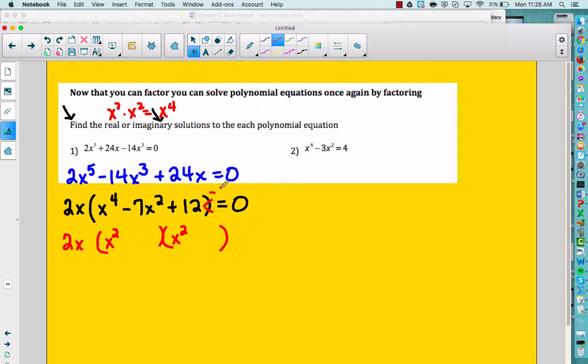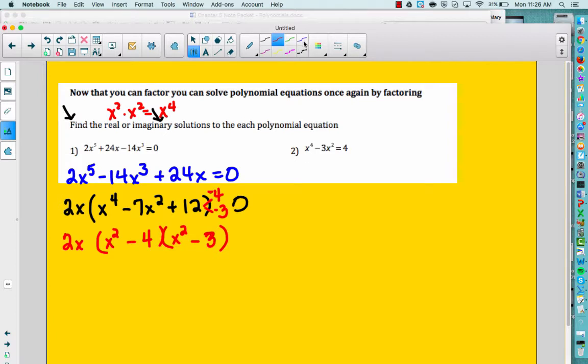I made a mistake there. I was thinking 10 for a second. So negative 4 and negative 3. So x squared minus 4 and x squared minus 3.